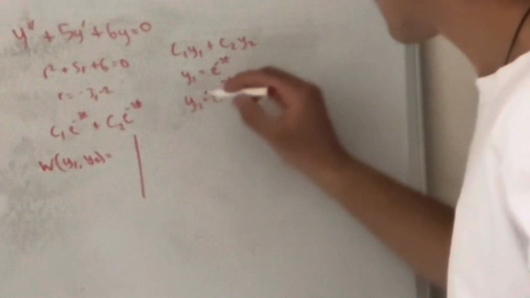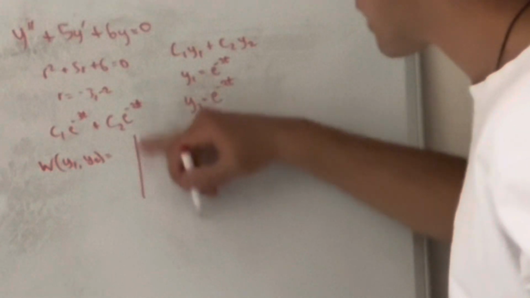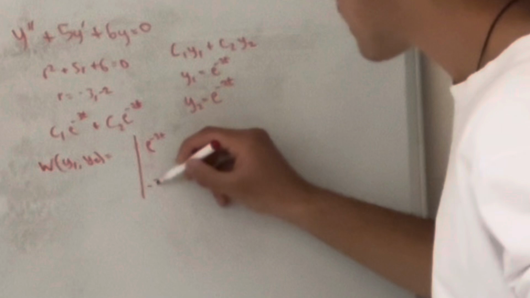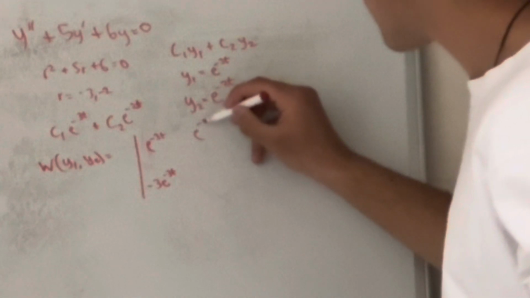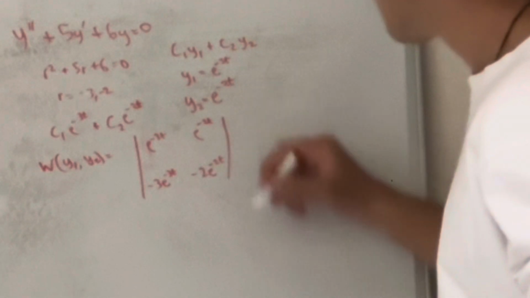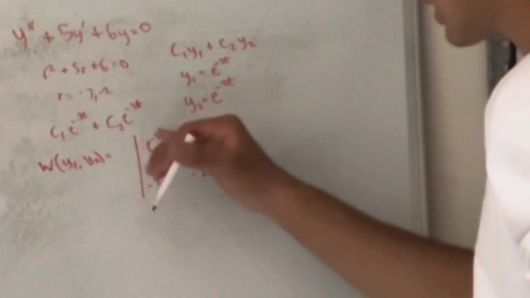This is again just going to be the derivative of y1 over here. We're not going to write y1 again, we're just going to write what it actually is, e to the -3t. The derivative of that is -3 e to the -3t. Over here we have y2, which is e to the -2t, and its derivative is -2 e to the -2t. First we will multiply it diagonally like this.